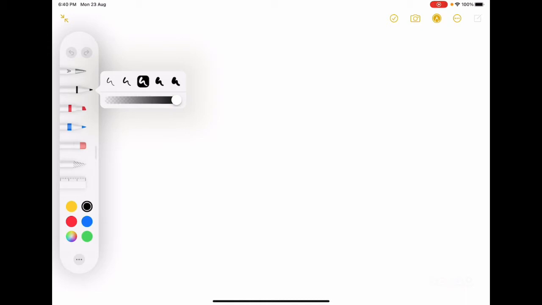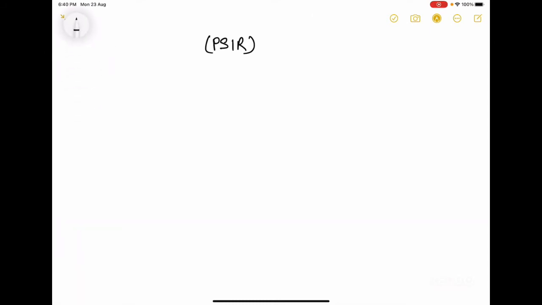Say, for example, when we talk about PSIR as an optional paper, the syllabus of PSIR is quite similar to that of all the political science students who are in universities.